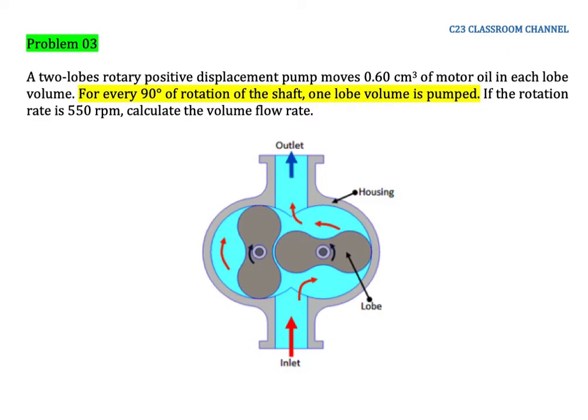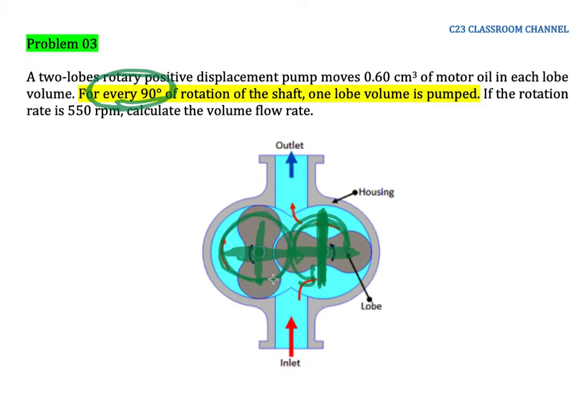So this is the diagram of the lobe pump. What you need to understand is what is meant by every 90 degrees of rotation. I hope you could understand here. One step means this lobe from horizontal will become vertical like this. If this lobe is vertical and rotates counterclockwise like this, it will turn the lobe into horizontal, and it rotates clockwise like this.